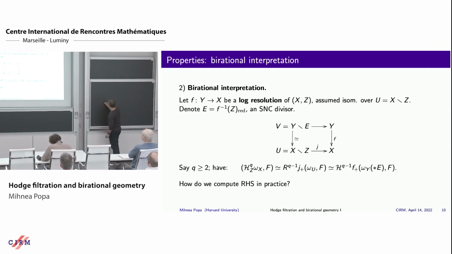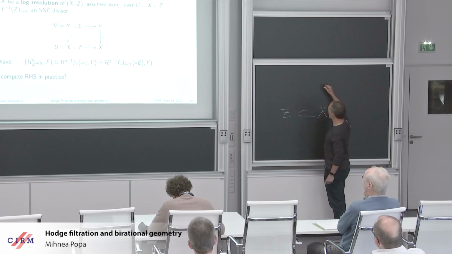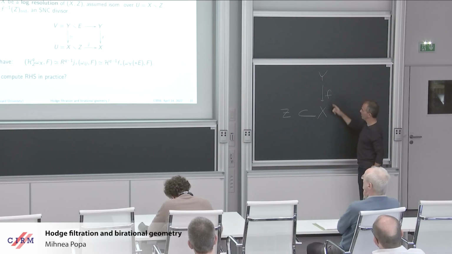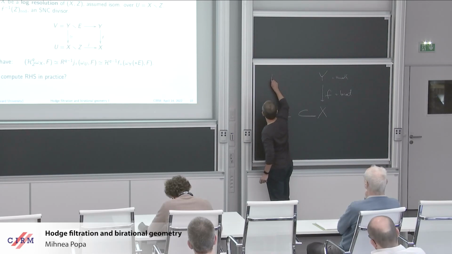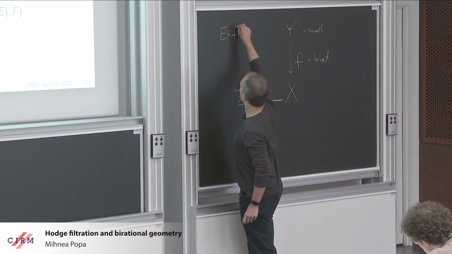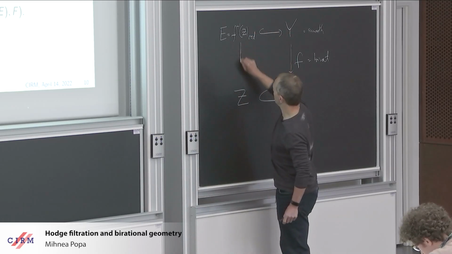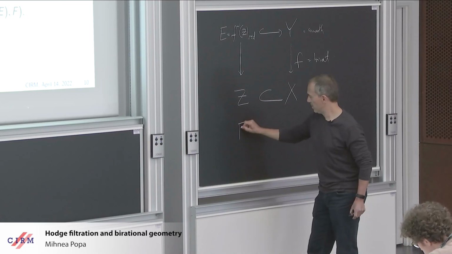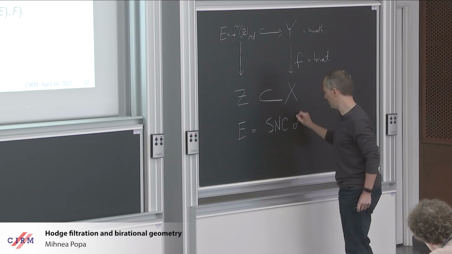So I have a subscheme Z inside X. A log resolution will be a proper birational map f, with Y smooth, such that I can consider the preimage of Z with the reduced structure. This sits over Z, and the condition for a log resolution is that this is a simple normal crossing divisor.